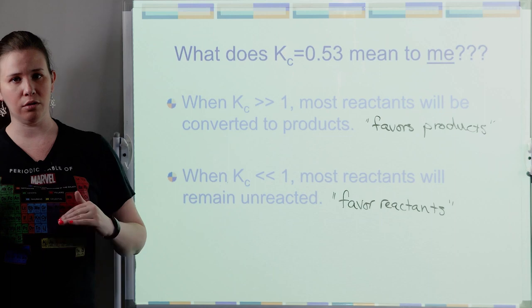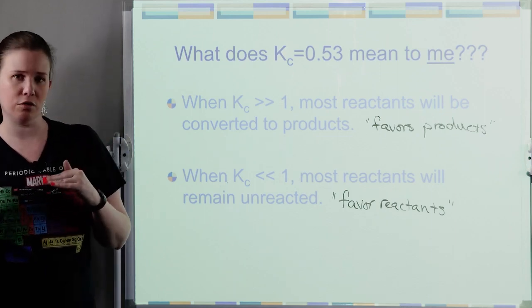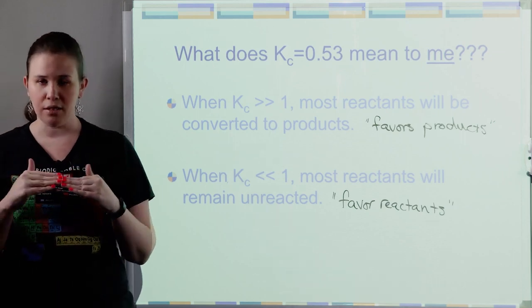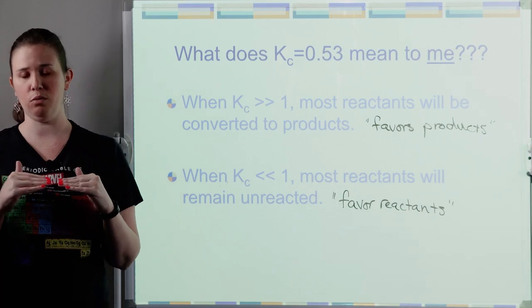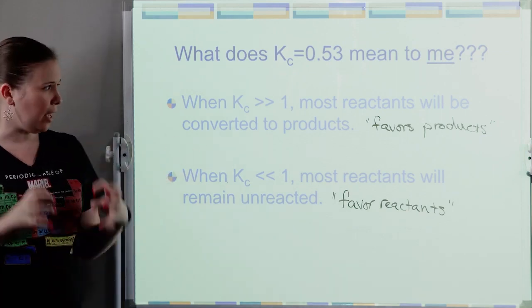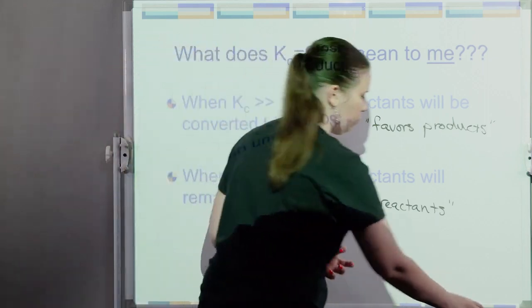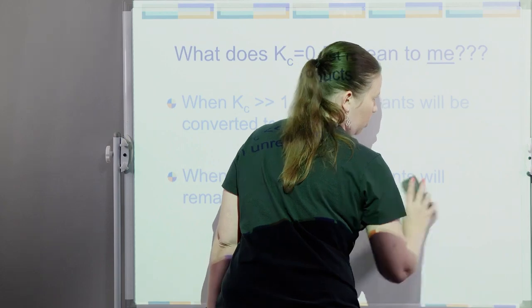If you had a K of greater than 1, you're still at equilibrium. It's just at a different concentration ratio. If the Kc equals 1, that simply means that the concentrations happen to be equal at equilibrium. It is possible, but not necessary. So that's K. What kind of ratio of reactant to product do I end up with?